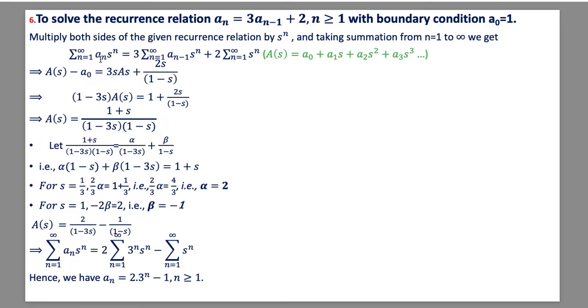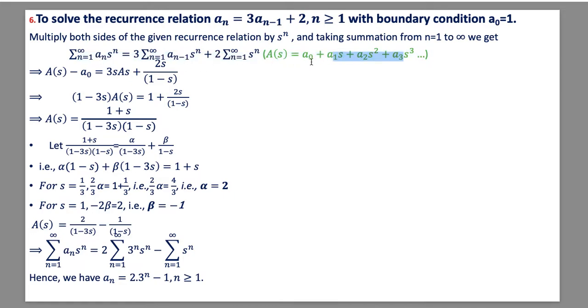If you put n equal to 1 here, it will be a1 s, means this term. Then the next term is a2 s square, means this term. Next will be a3 s cube, means this term. So these are the terms we obtained in the first case.